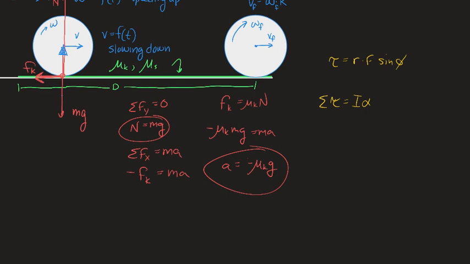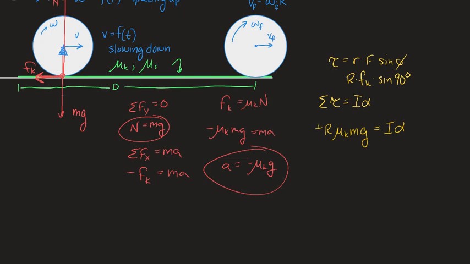There's not a lot here, though. It is the frictional force that is causing this torque. It's acting at the outside edge of your ball or your wheel or your disc or whatever it is. So R times mu k mg. It's still going to be R times the frictional force times the sine of 90 degrees. None of that's any different. And that has to equal I times alpha.